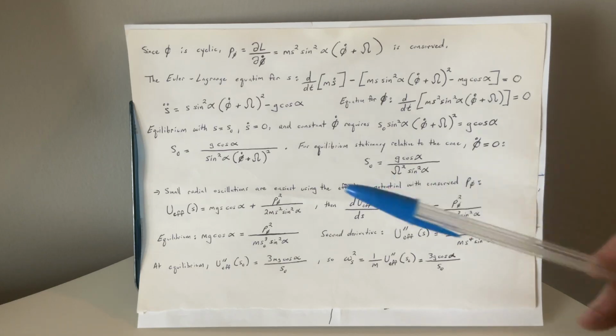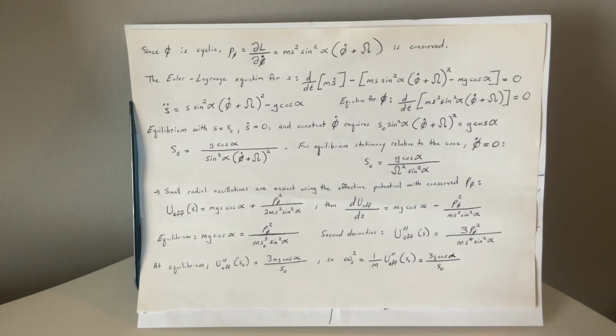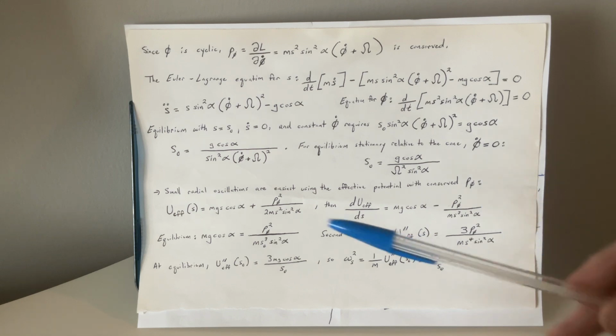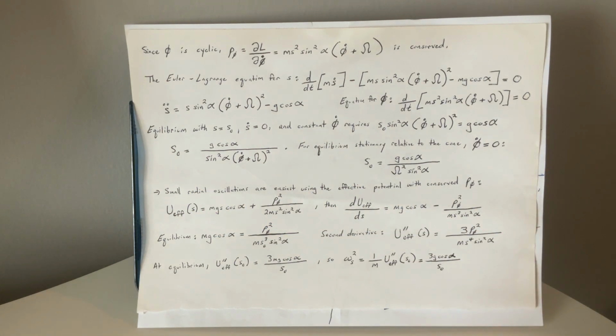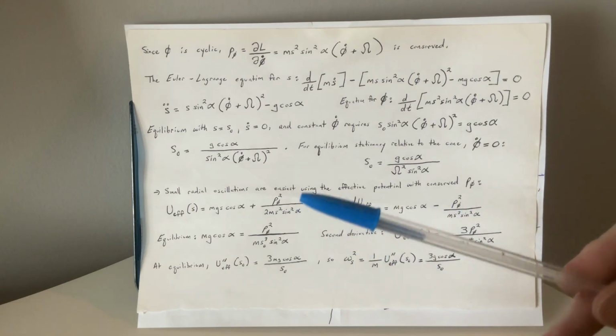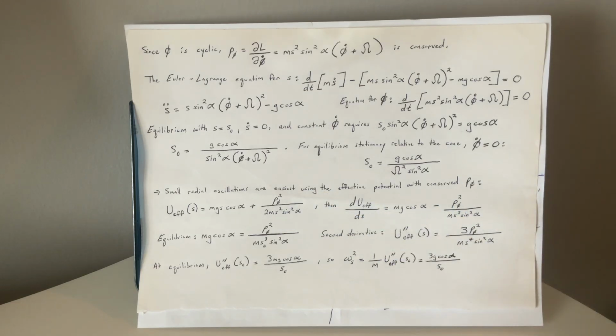So small radial oscillations are easiest using the effective potential with p sub lowercase phi. So U sub eff of s equals mgs cosine alpha plus p sub phi squared over 2 m s squared sine squared alpha. Then dU sub eff ds equals mg cosine alpha minus p sub phi squared over m s cubed sine squared alpha.